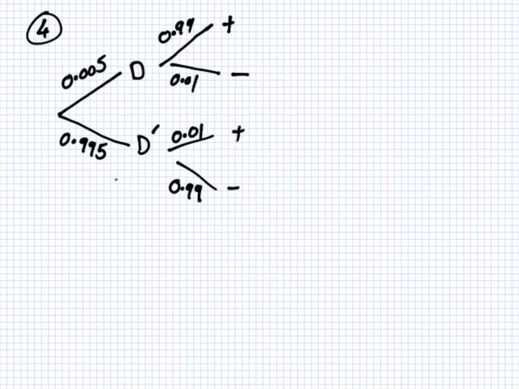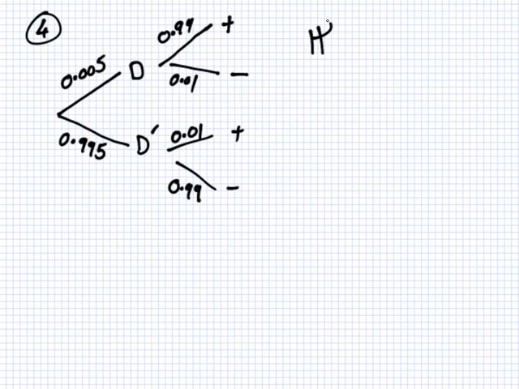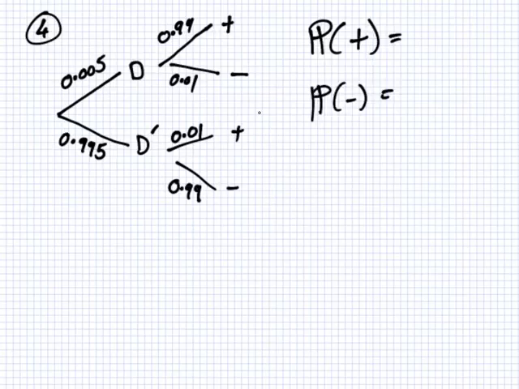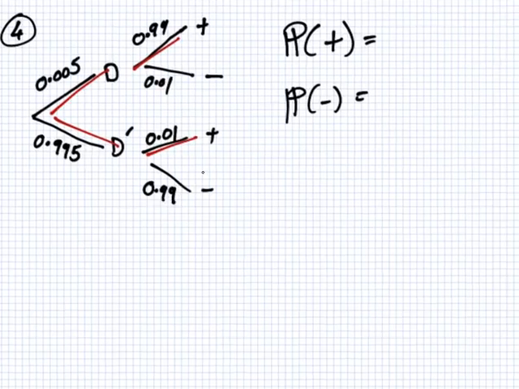Can you, as an example, all calculate for me probability that you get a positive result and probability that you get a negative result? So positive, to help you, is this one. You could have drug and positive or not drug and positive. Can everybody calculate this, please?